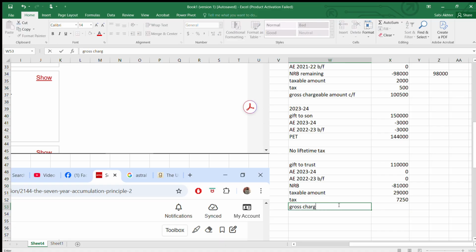This is for the next gift, but for this question, still you have to calculate and give. You will be given marks for this. So this will be equal to your taxable amount plus your tax.